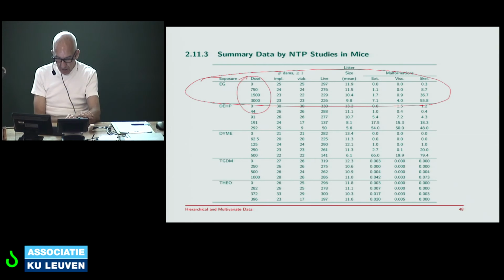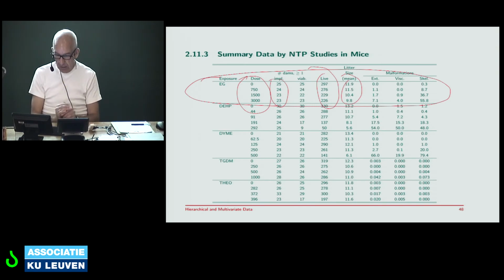You see the number of dams with implants, 25, 24, 23, 23. All of them except one have viable fetuses, and this is the number of live fetuses. And that column now, the last one that I circled, you see come down as you go from top to bottom. So the litter size indeed varies from nearly 12 to 9.8.